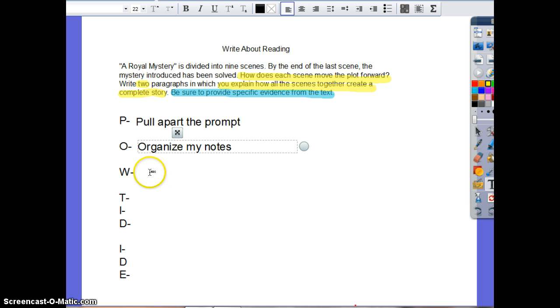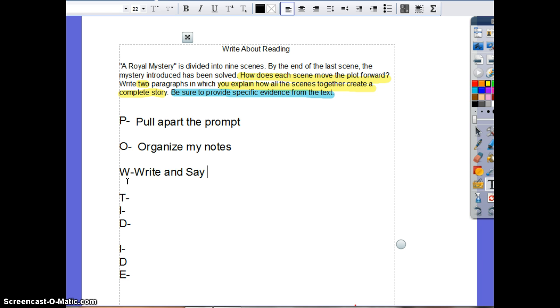So let's talk about this one. What does W stand for? Okay? It says to write and say more. Okay? So you're going to write about it, and you're going to say more about whatever the prompt is asking us to do.